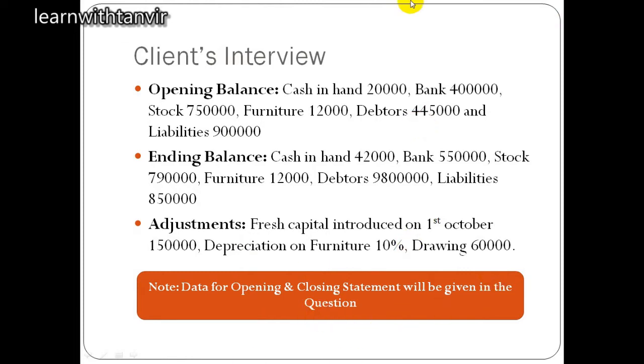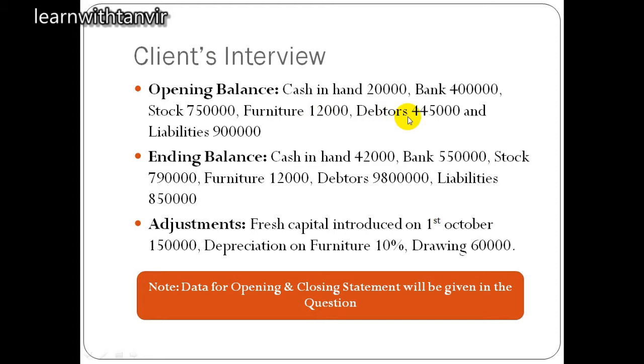In practical life you will have to ask for all this information from the client. You ask him what was your cash in hand. He told you 20,000, bank 400,000, and in stock there was 750,000. Furniture cost was 12,000. Debtor means receivables.